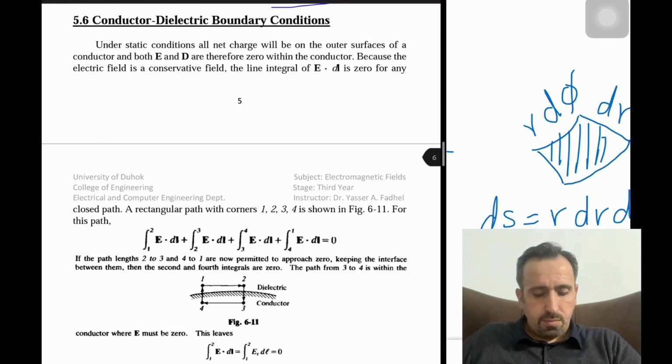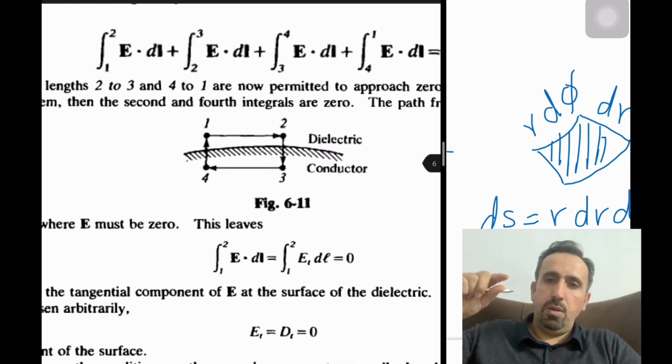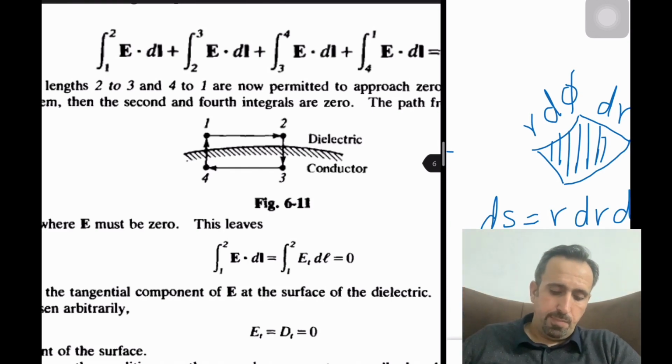Now it is time to talk about something very important in this chapter, which is section 5.6 about the conductor dielectric boundary condition. If you think about a certain case when you have a conductor having an interface with a certain dielectric, and the dielectric may be any type of dielectric, even maybe pure air, for example.